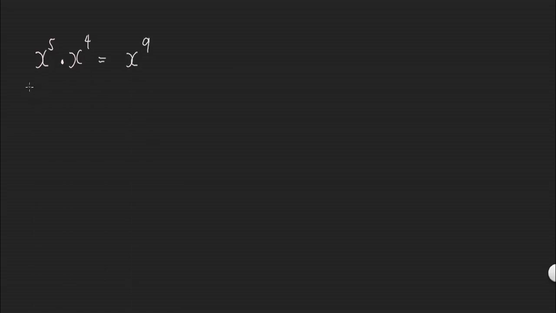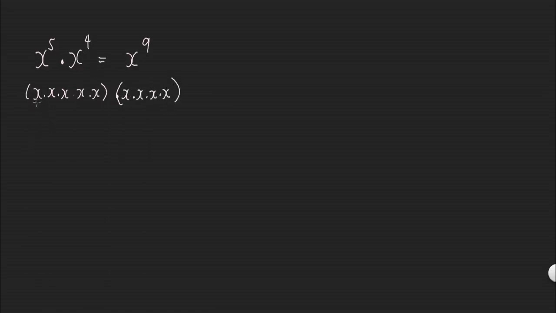If we rewrite x to the fifth, we have x times x times x times x times x. So we have 5 x's here being multiplied to another x variable. So we have x to the fourth, so we have 4 x's.